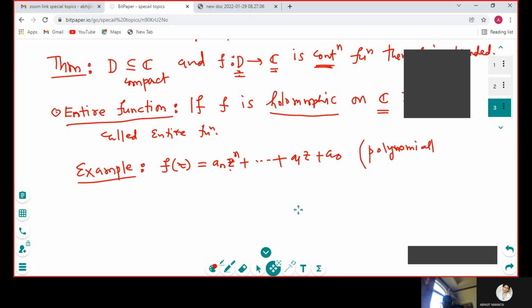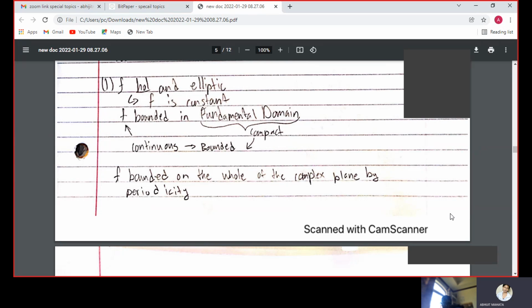So now there is a very nice theorem called Liouville's theorem.